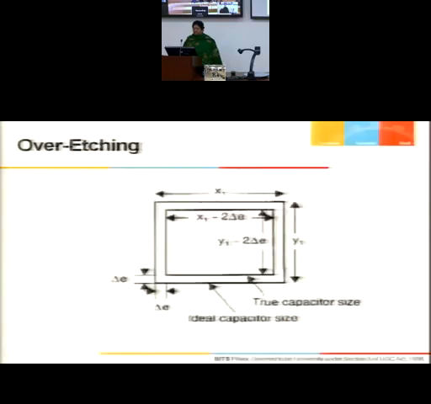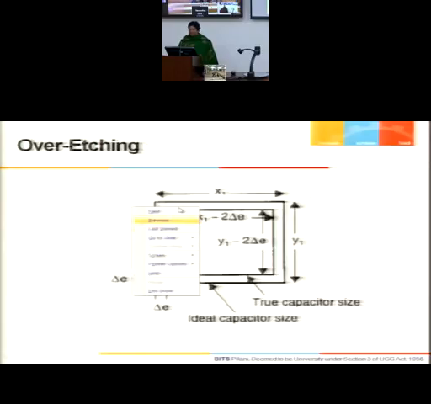Suppose I have a geometry where I want a certain dimension x and a certain dimension y1. But when it is etched away, say it is polysilicon, you only keep the polysilicon near the gate area, and the rest is etched away. However hard you try, even with 1 nanosecond difference, there would be over-etching.